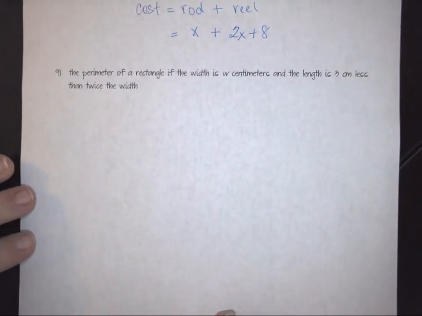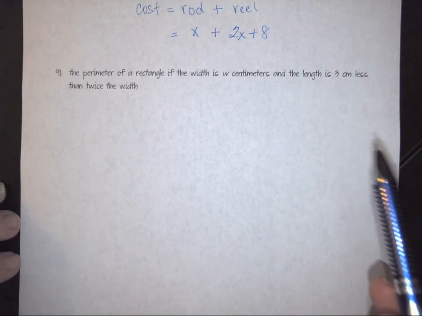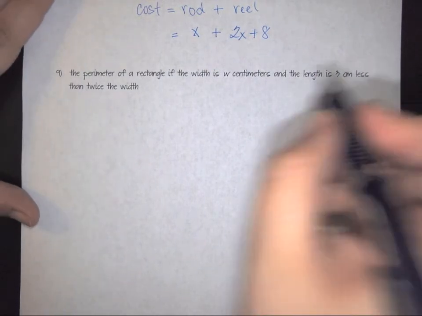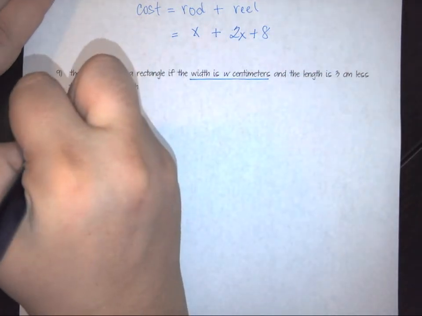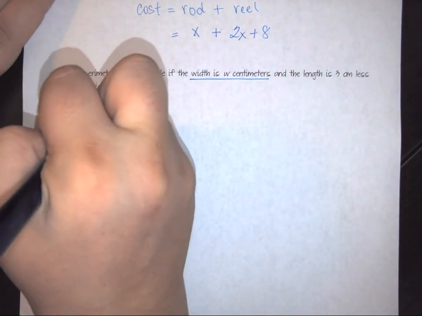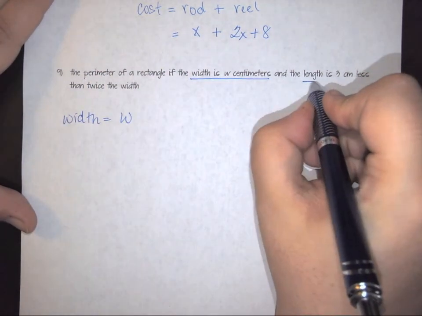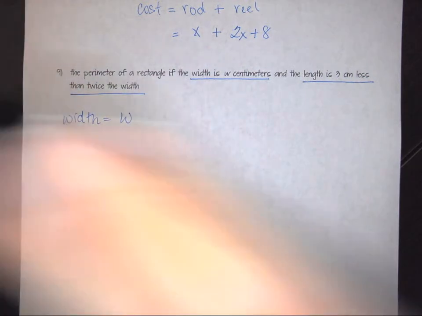Last, I have the perimeter of a rectangle if the width is W centimeters and the length is 3 centimeters less than twice the width. So I have the width is W centimeters, so I know width equals W. And then I have length is 3 centimeters less than twice the width.